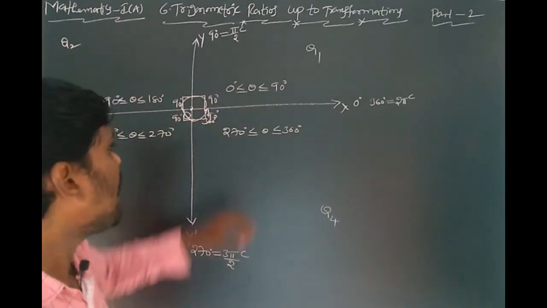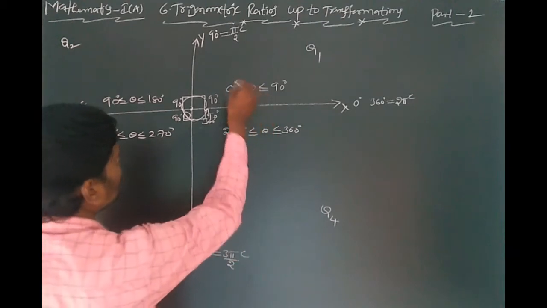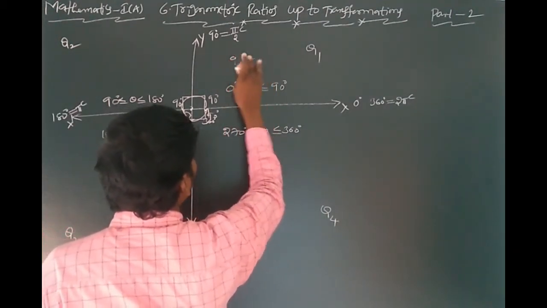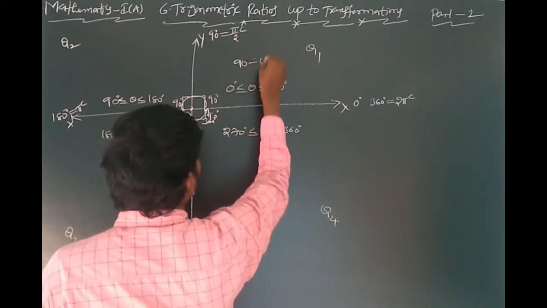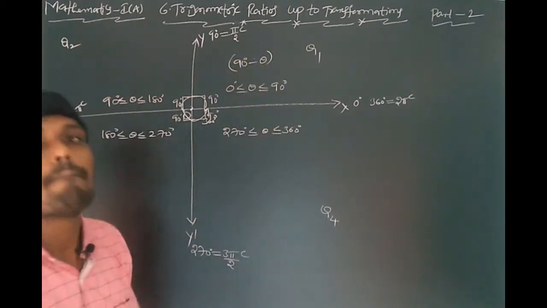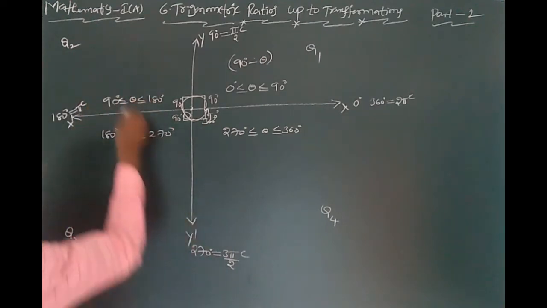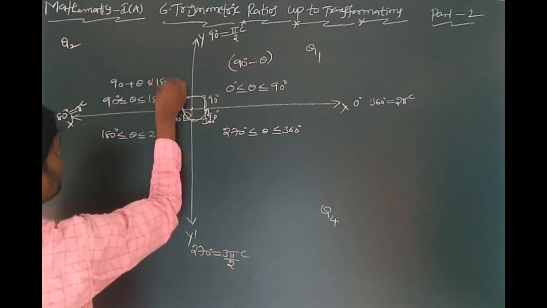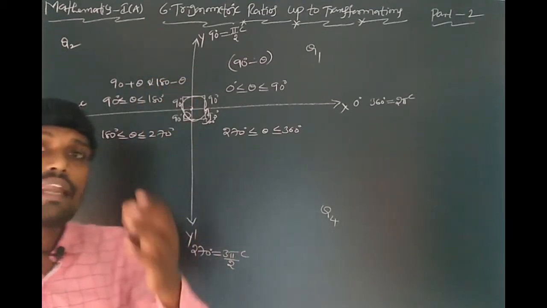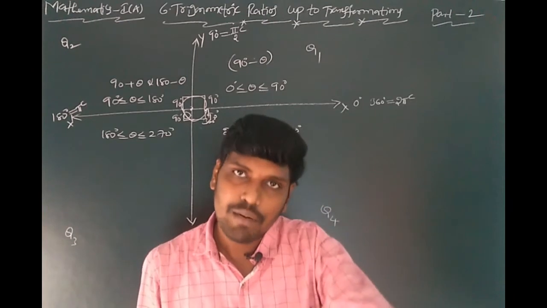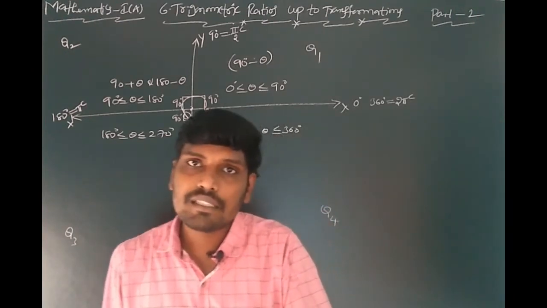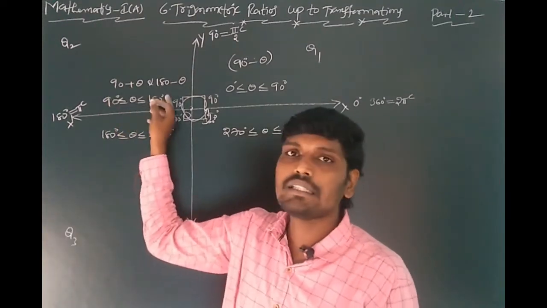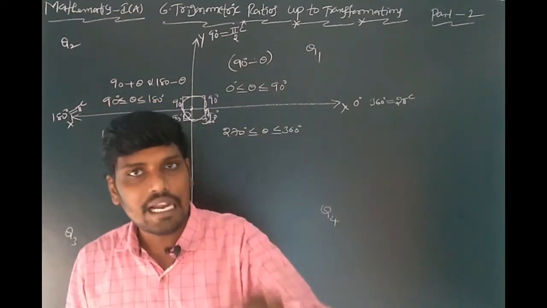After that, 90 minus theta lies on which quadrant? The first quadrant. In the second quadrant, we have 90 plus theta and 180 minus theta. So 90 minus theta lies in the first quadrant, while 90 plus theta and 180 minus theta lie in the second quadrant.